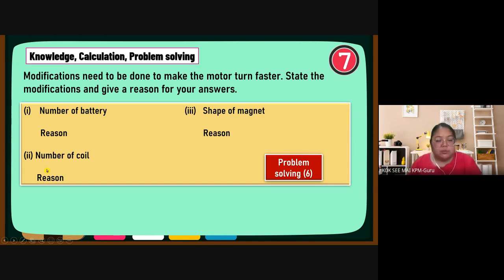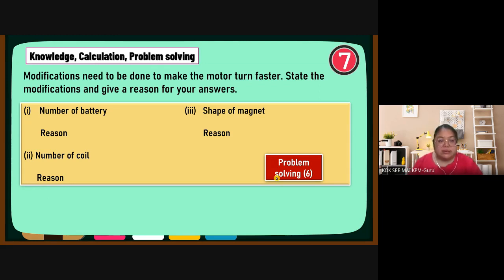So you also say more or less, then you give the reason. Last one is the shape of the magnet. Okay，你要 what shape, then you give the reason. So here is 6 marks, 6分。Number 1分, reason 1分。So now got 3 questions, that means problem solving here got 6 marks. Okay, so this is question 7.